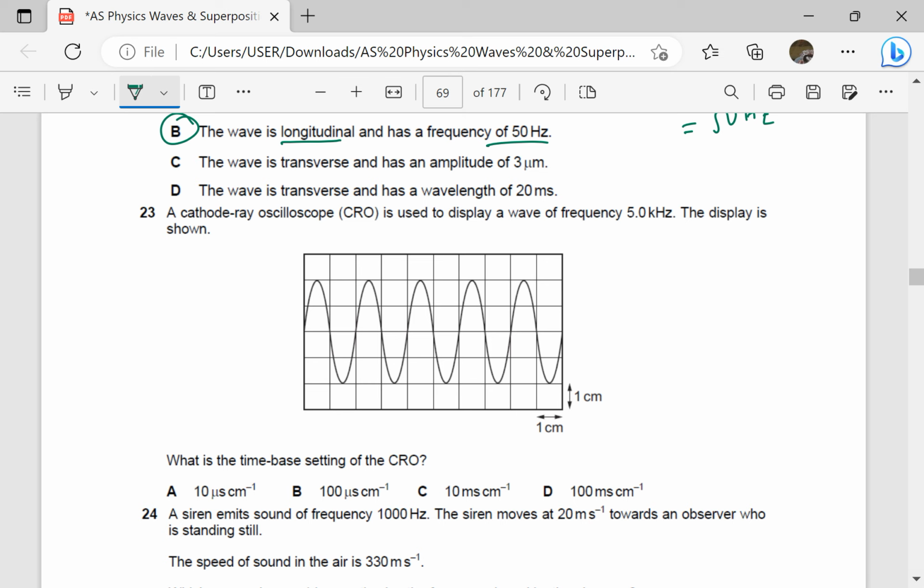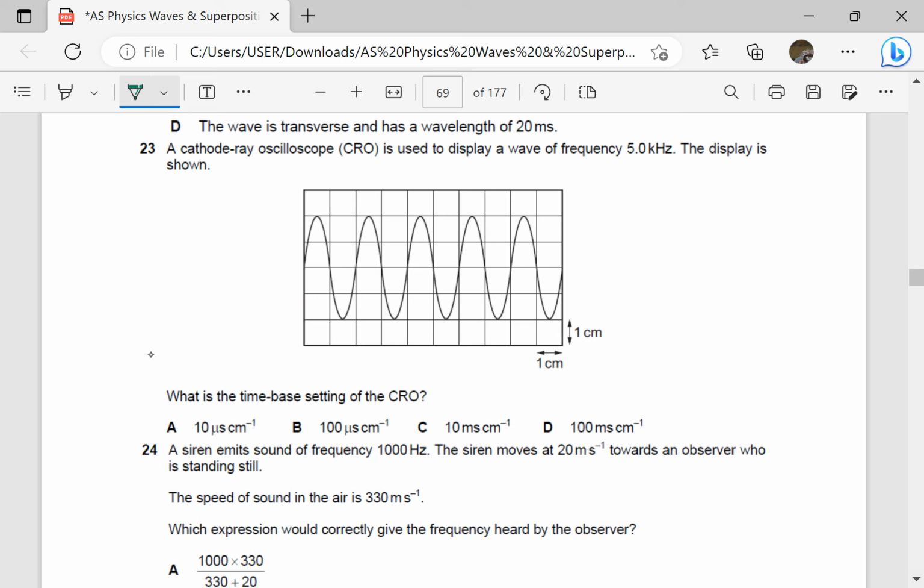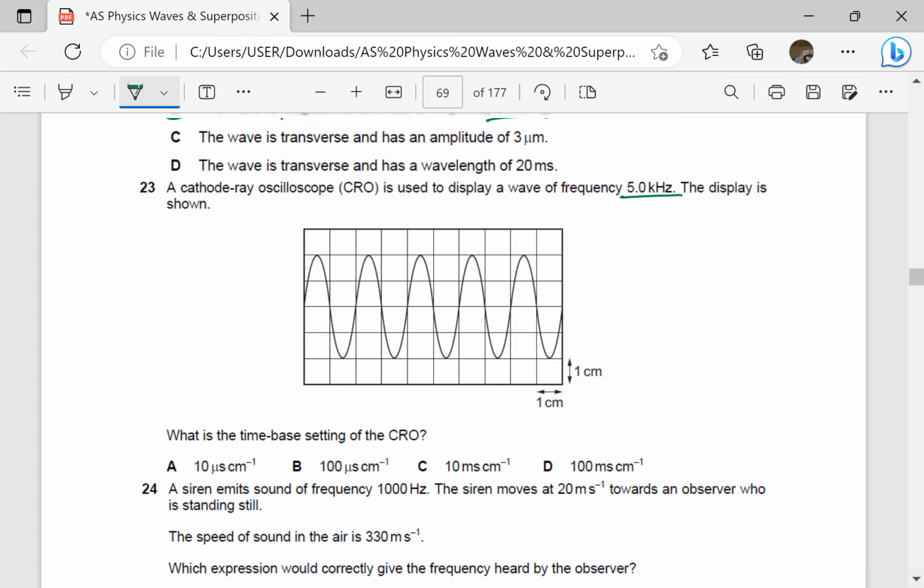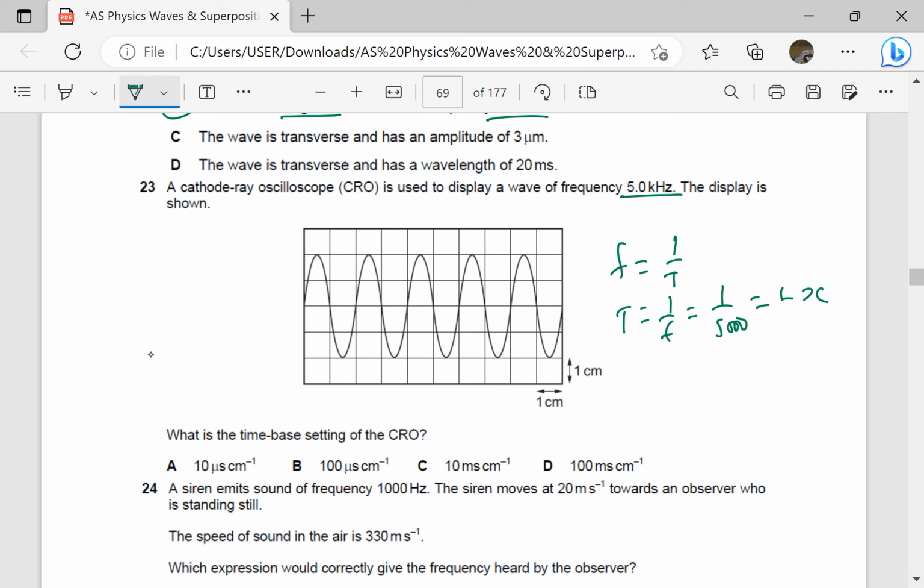A cathode ray oscilloscope is used to display a wave of frequency 5 kHz. The display is shown here. What is the time-base setting? So frequency is 5 kHz, and we know frequency is 1 over T, meaning the period is 1 over f, which is 1 over 5,000, and the period is the length representing 1 cycle times the time-base setting.